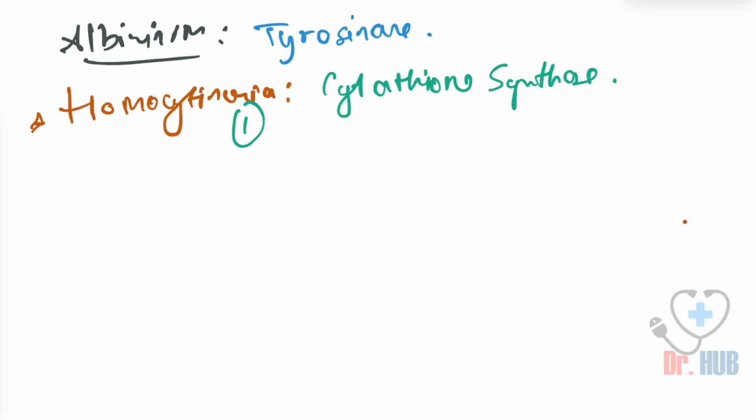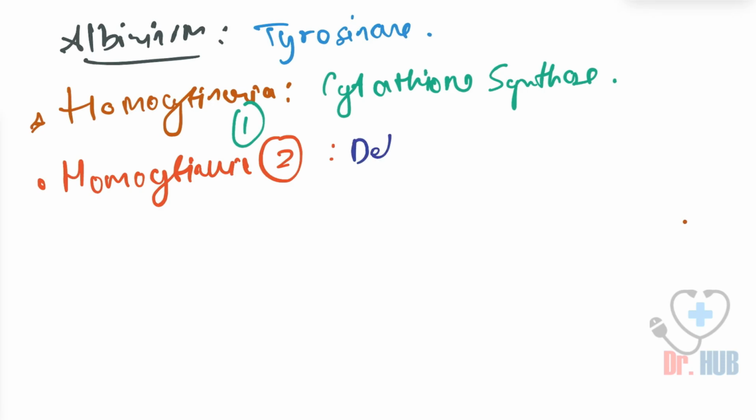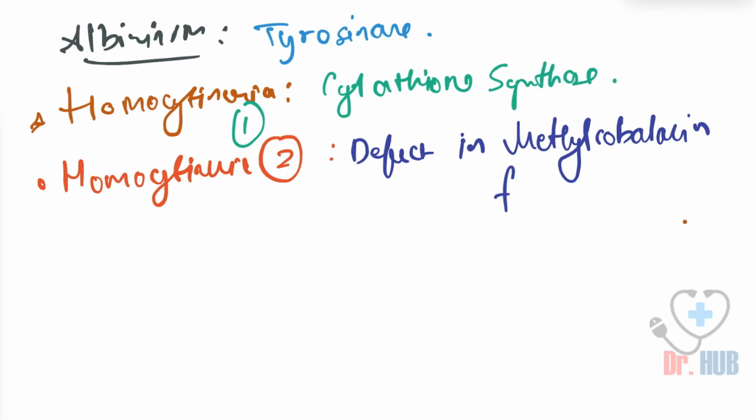Then we look at homocystinuria type 2. Type 2 is linked with a defect in methylcobalamin formation. So this is what is defective here.